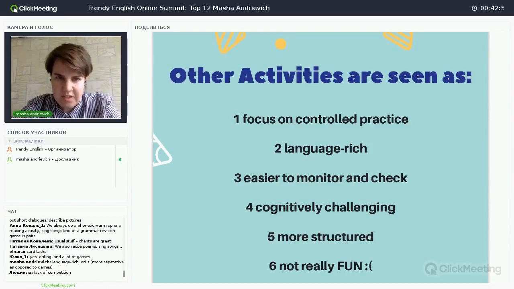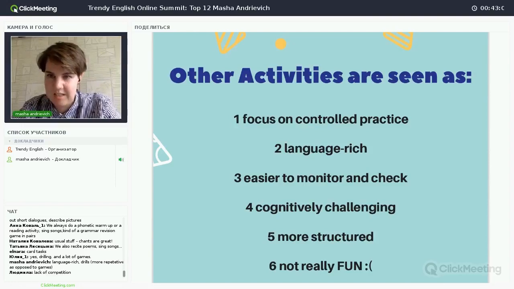We also see that activities in course books are challenging, but not exactly in the same way as games. They can sometimes be very difficult for learners, too difficult and a little bit too complicated in terms of language.